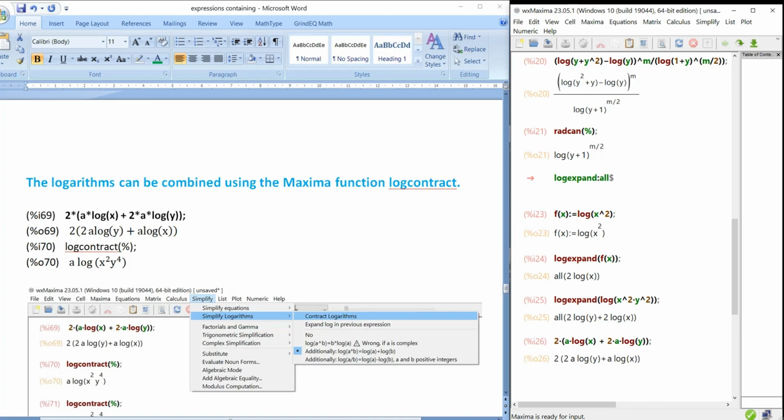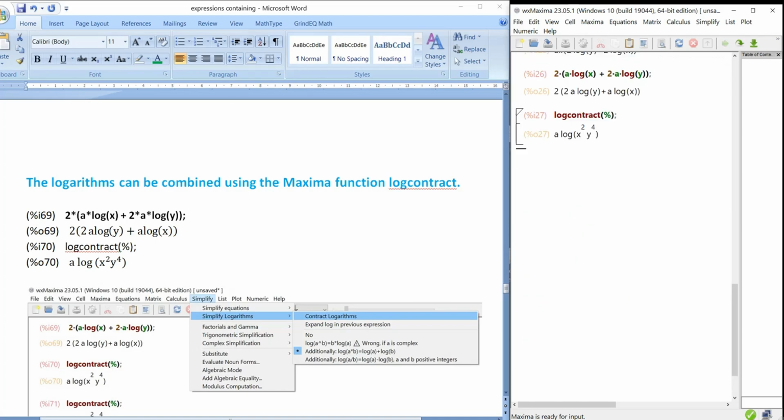This is the function at our disposal, right? Now I operate the function log contract, and I am operating the function log contract on the just obtained output. Percent sign means just obtained output in output 26 position.